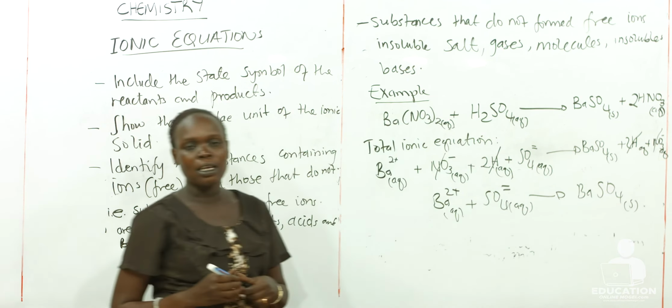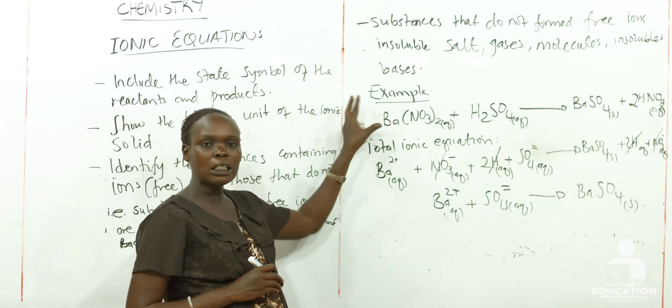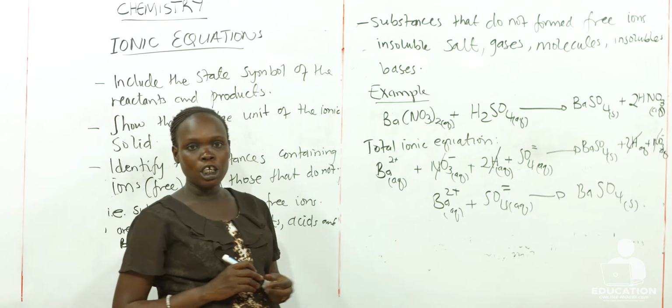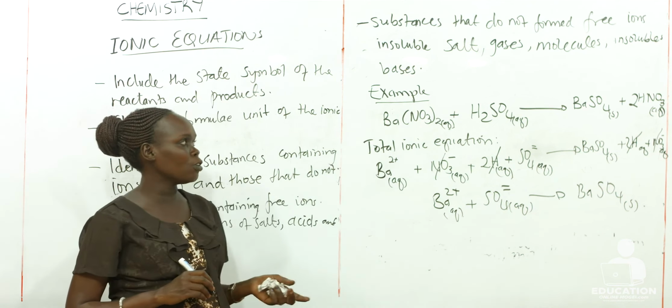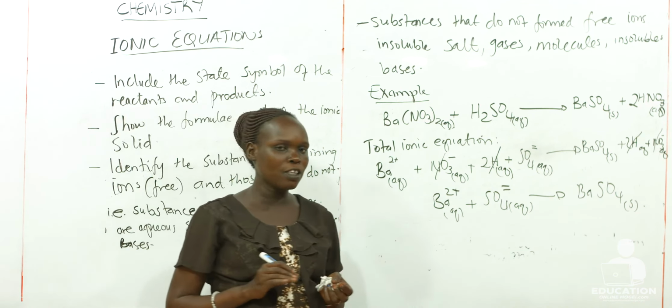So in this case, learners, we have come out with the ionic equation for this full chemical equation. We have identified the ions which can dissociate, and we consider those which are in aqueous form.